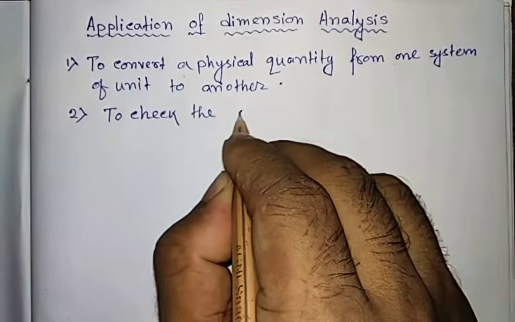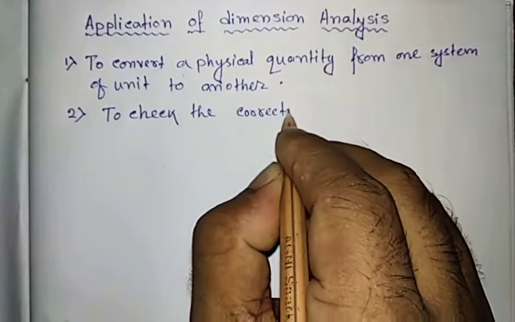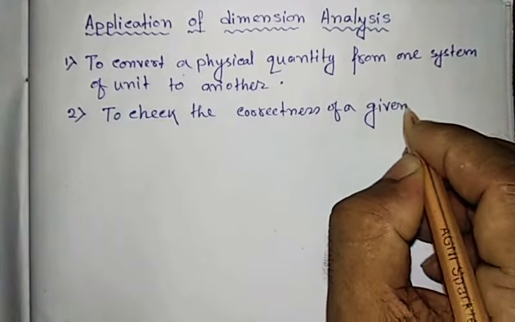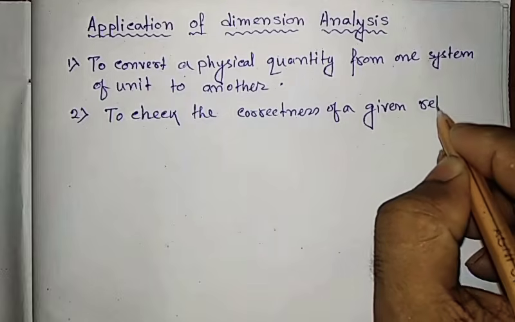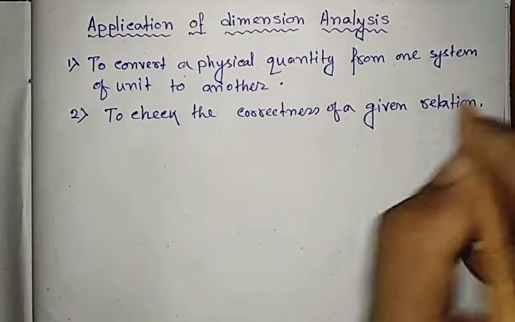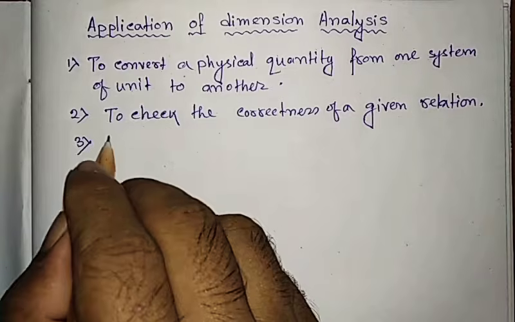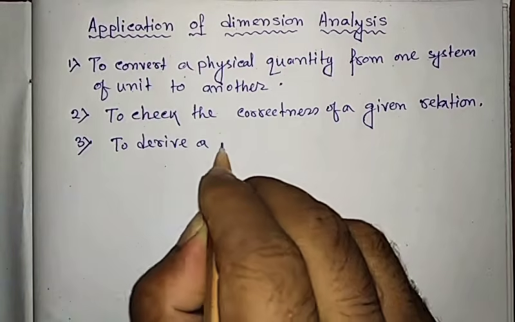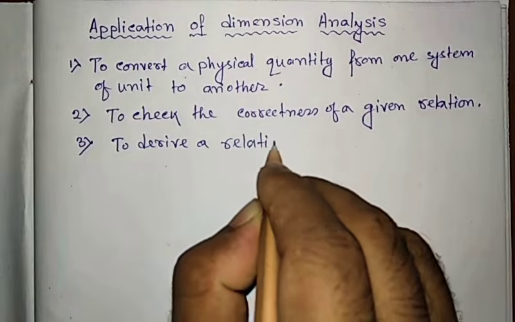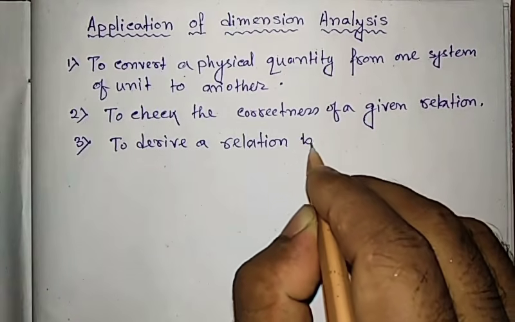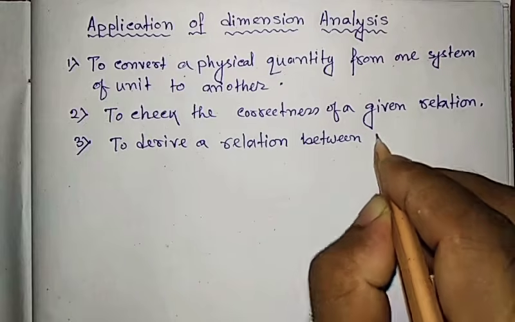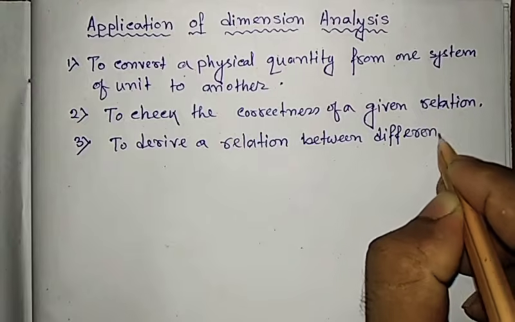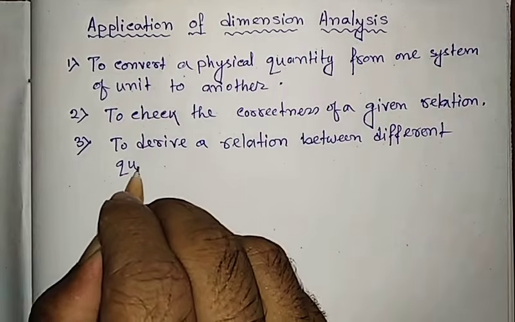Number 2 is to check the correctness of a given physical relation. Number 3 is to derive a relation between different quantities.